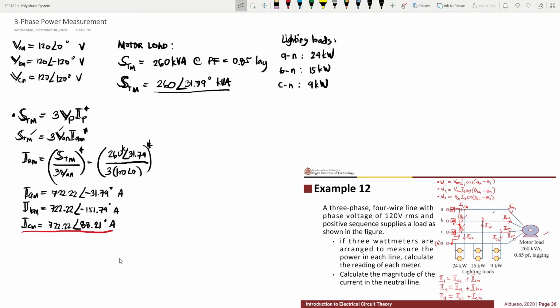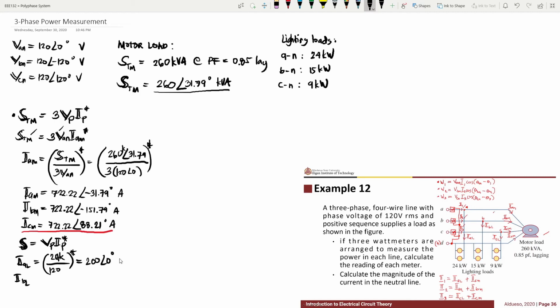Next, we can get the currents of the lighting loads. The equation S equals to V phase times the conjugate of I phase. For IAL, we have 24K over 3 times 120 conjugate, equivalent to 200 angle 0.